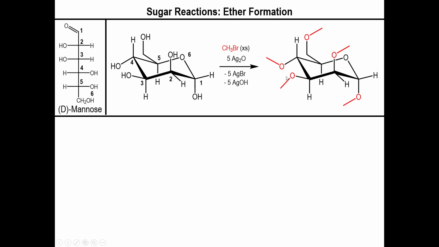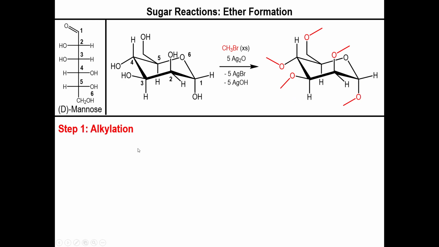And so ultimately what you'll end up with is the methoxy derivatives in total, right? And even though this is a 6-member ring, remember, one of the oxygens has already been turned into an ether functionality, so you only have 5 to go with, right? So that's why I'm saying 5 equivalents of silver oxide to ultimately turn into silver bromide and silver hydroxide while methylating each of the oxygens.